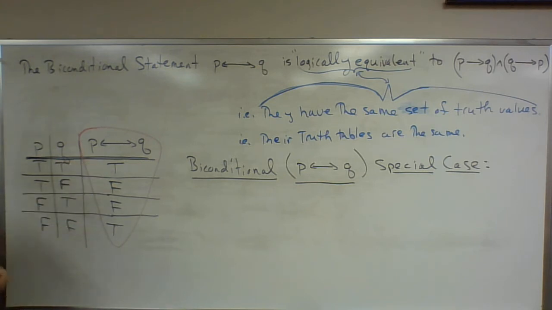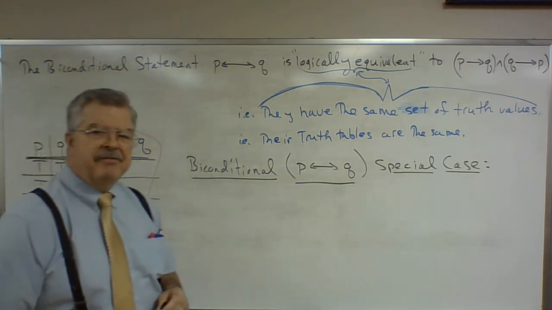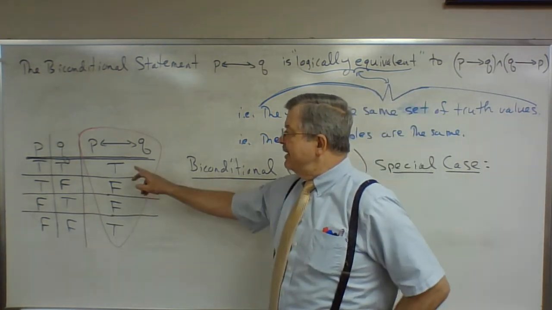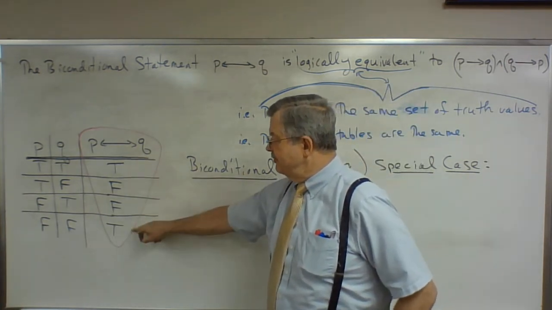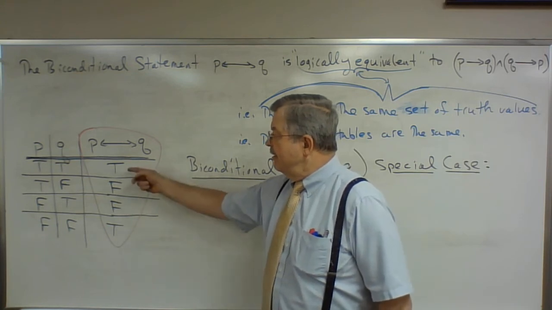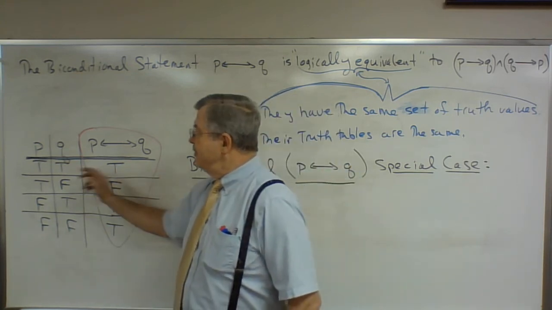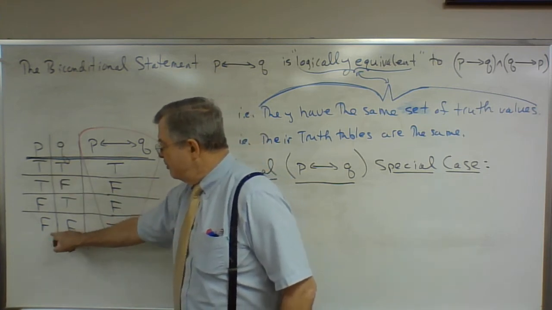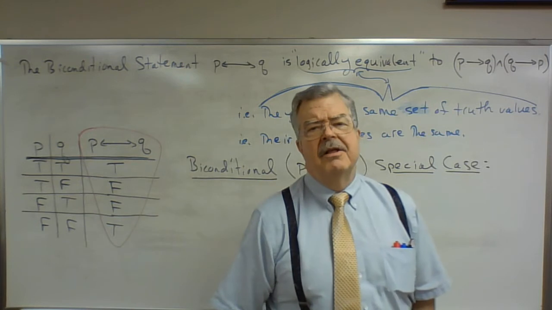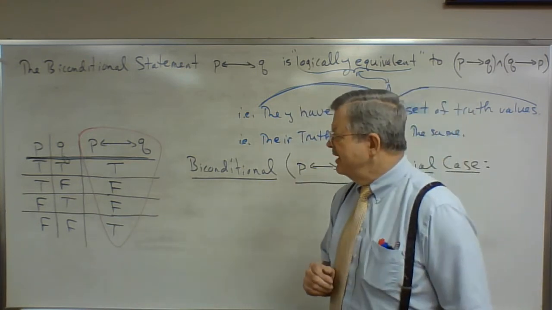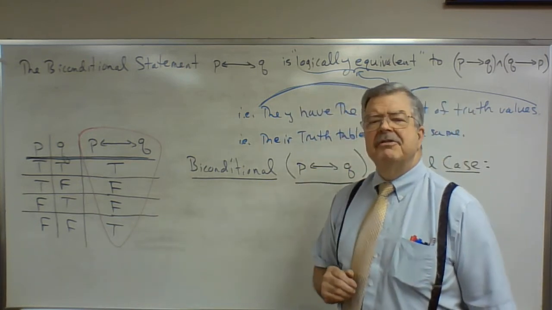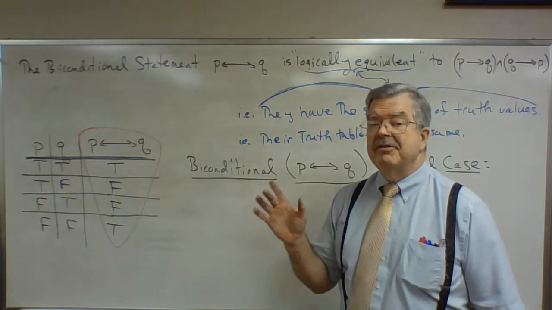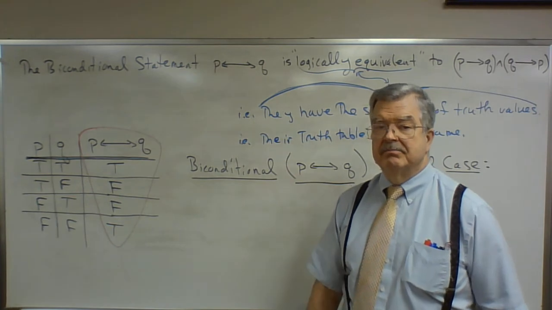I guess we could describe a special case two different ways. I'm going to opt for the special case when the biconditional is true. When the biconditional is true, either both P and Q are true, or both P and Q are false. So what I'm going to say is that the biconditional is true exactly when both statements have the same truth value.